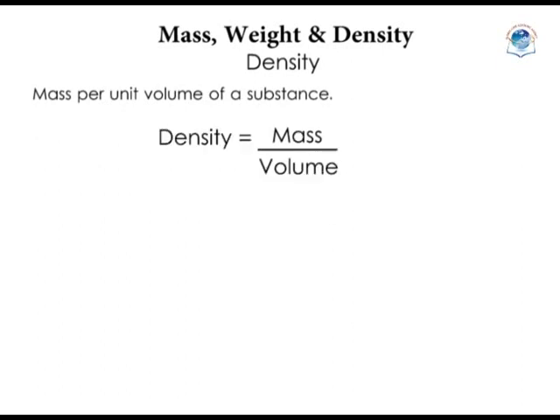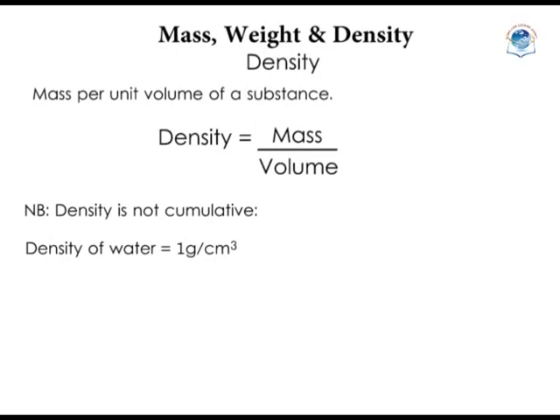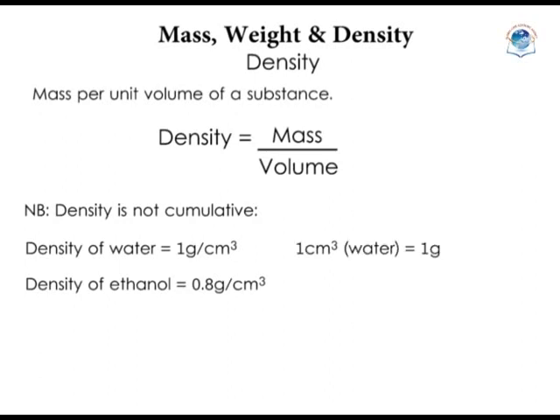Important to note is that whereas mass and volume are cumulative, densities are not. For instance, the density of water is 1 gram per cubic centimeter, and that of alcohol is 0.8 grams per cubic centimeter. So 1 cubic centimeter of water will have a mass of 1 gram, and 1 cubic centimeter of ethanol will have a mass of 0.8 grams.